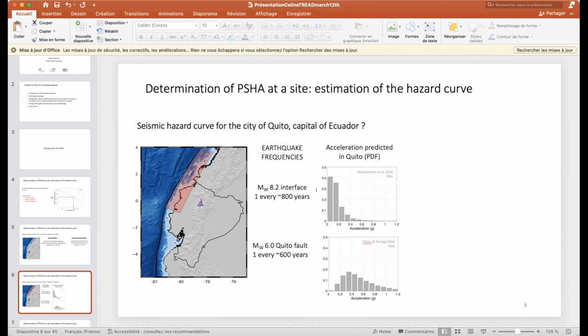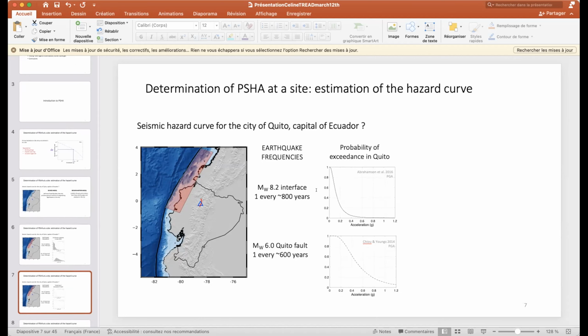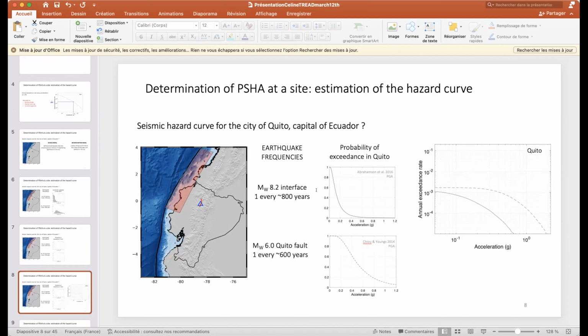The accelerations expected from the Quito fault are much higher than the accelerations expected from the subduction event, as this fault is much closer. So from these distributions, it's straightforward to calculate ground motion exceedance probabilities. And then for each earthquake, its frequency is multiplied by its probability of exceeding different acceleration levels to get annual exceedance rates of the series of acceleration levels in Quito.